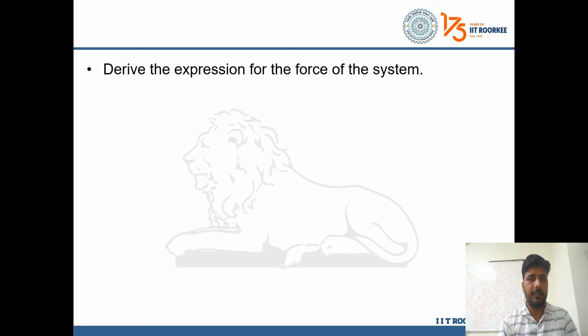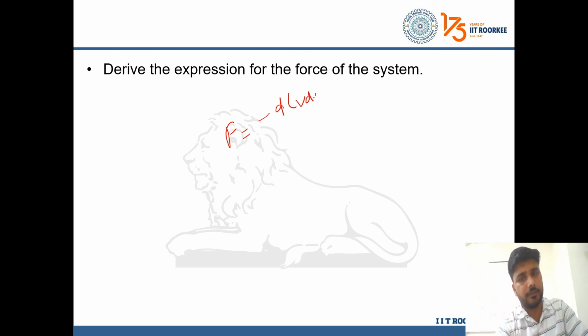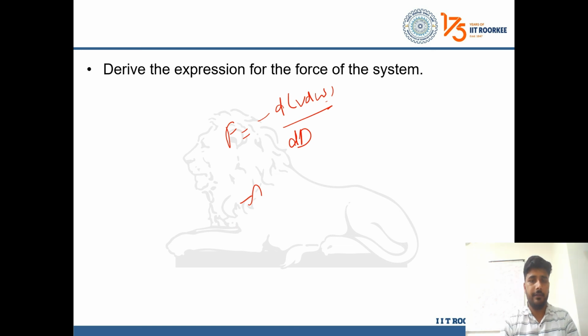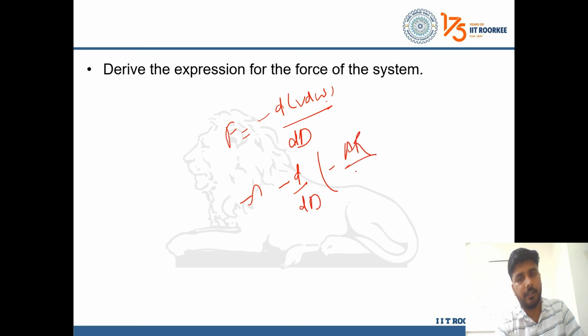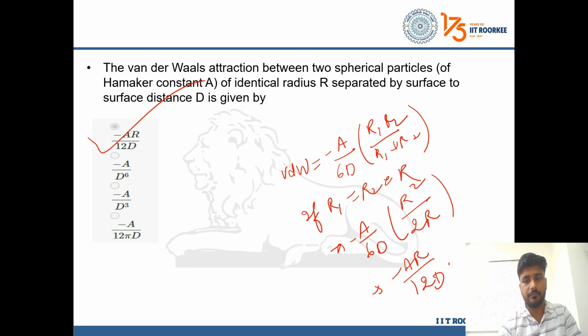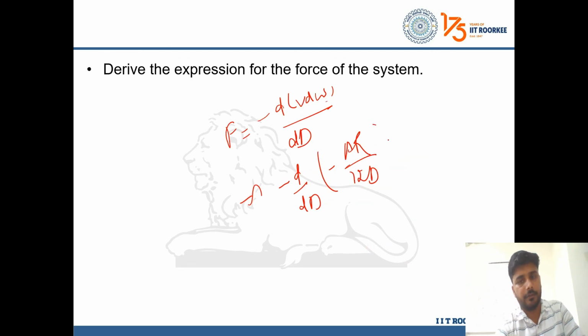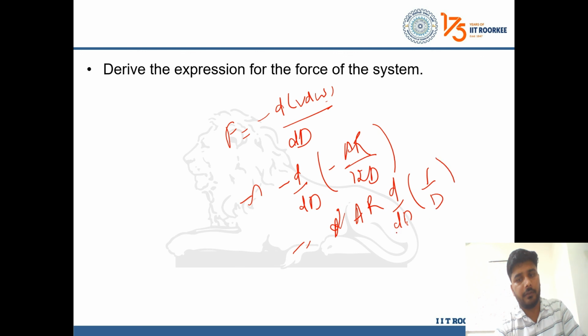And similarly you have to express the force of the system. If you just do this simple derivative, what will you get? Minus d by dD of AR by 12D. The constant will be outside, and this will look something like this.